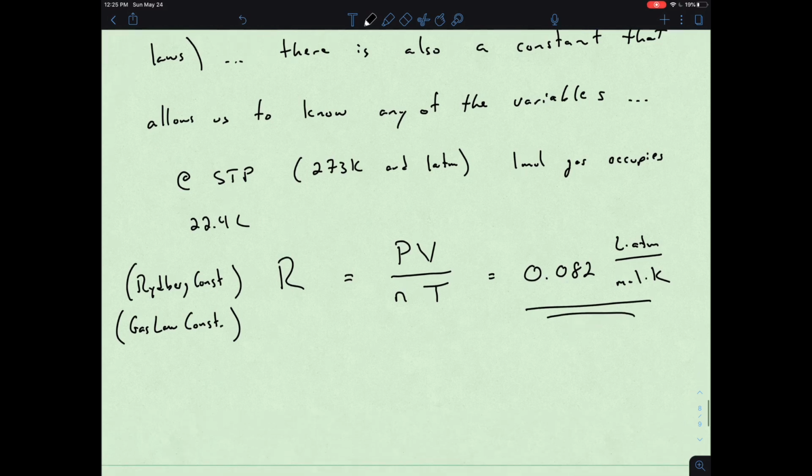And this allows us to relate. So if we were to plug all those values in, say, the 1 atmosphere, the 22.4 liters, the 1 mole, the 273 Kelvin, that's what we're getting at.